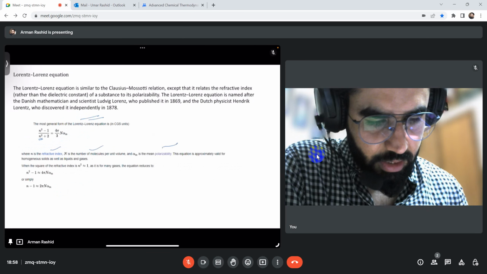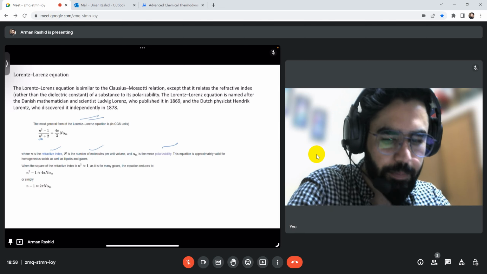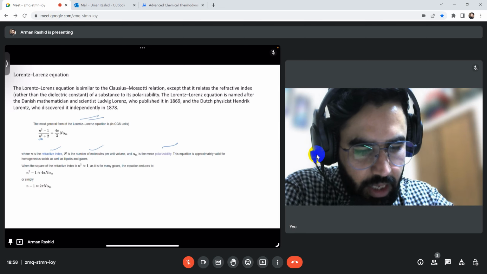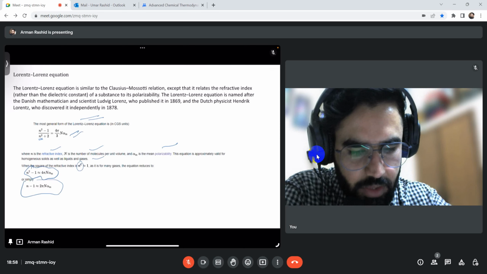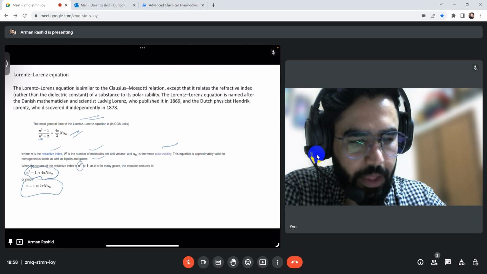This is valid for homogeneous liquids or homogeneous gases. But for the majority of gases the refractive index is near 1, so n square minus 1 reduces, and we can simply write n minus 1 is equal to 2 pi N alpha m.